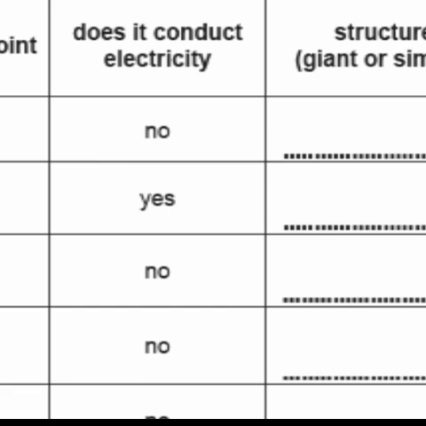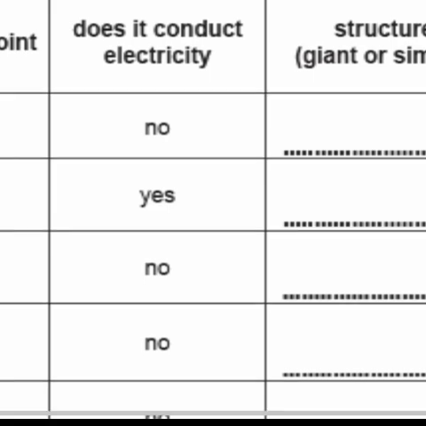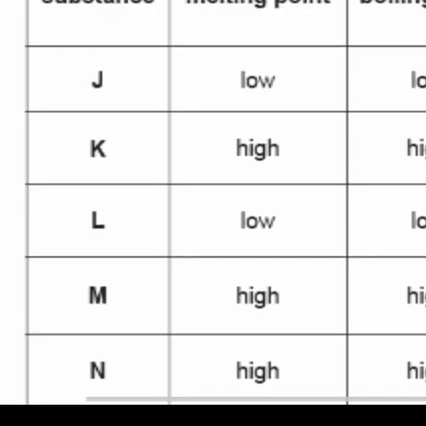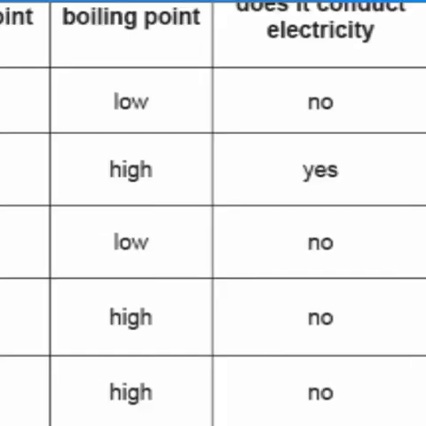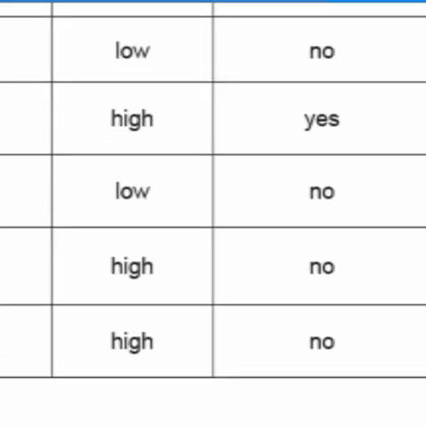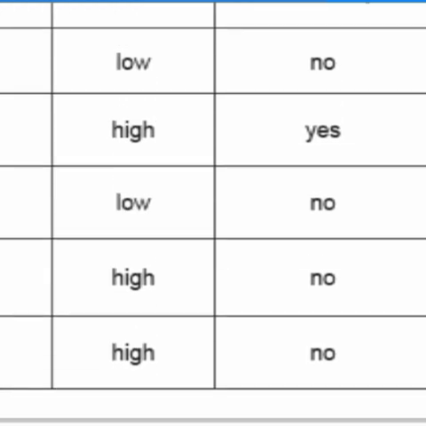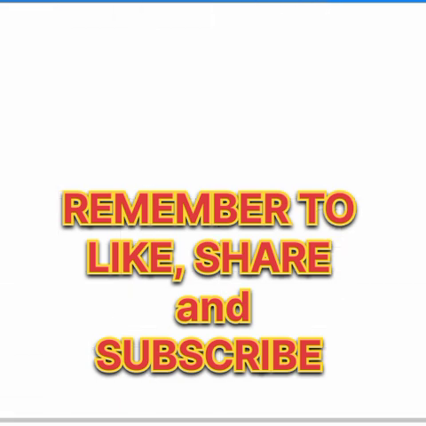So M is giant. The last substance has a high melting point and high boiling point. Does it conduct? No. This is also a giant structure.